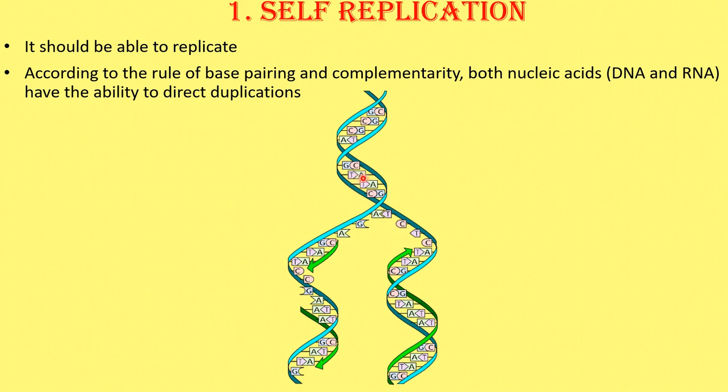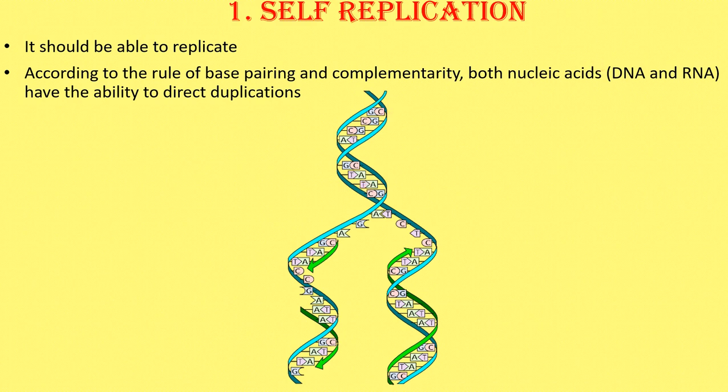And you can see complementarity. What is complementary? Here if it is cytosine in this backbone, here guanine. Here thymine attached means here adenine. Like this, complementary base pairs are present in the middle.